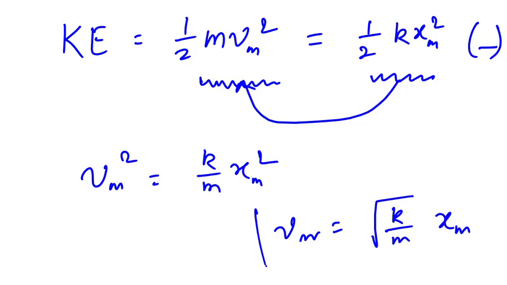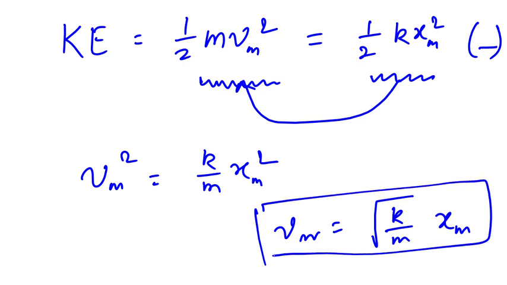xm. Again, here you will get two different things, one is plus, one is minus, if you remove the square. One will be towards this way.